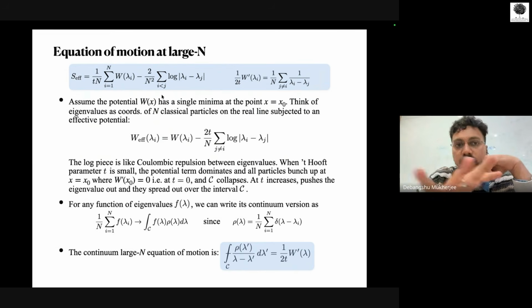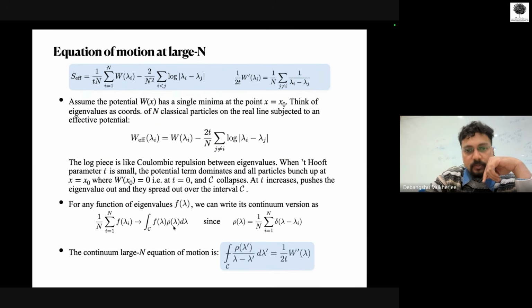You take a variation with respect to lambda, or rather, because when you go to the continuum limit lambda will be replaced with rho of lambda, you take a variation with respect to rho, and using the simple variational principle, you will end up with this equation. So in a sense, it's still using the principle of variation, but not in the usual Euler-Lagrange way, because there is an extra integral now.